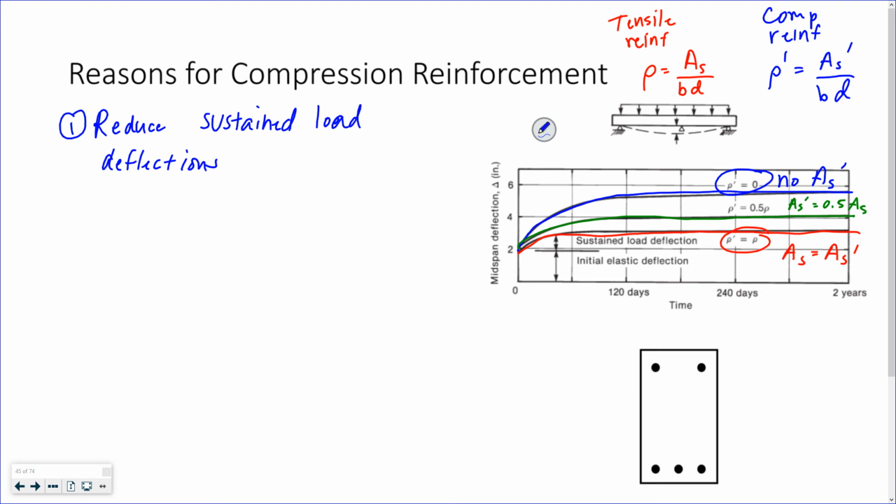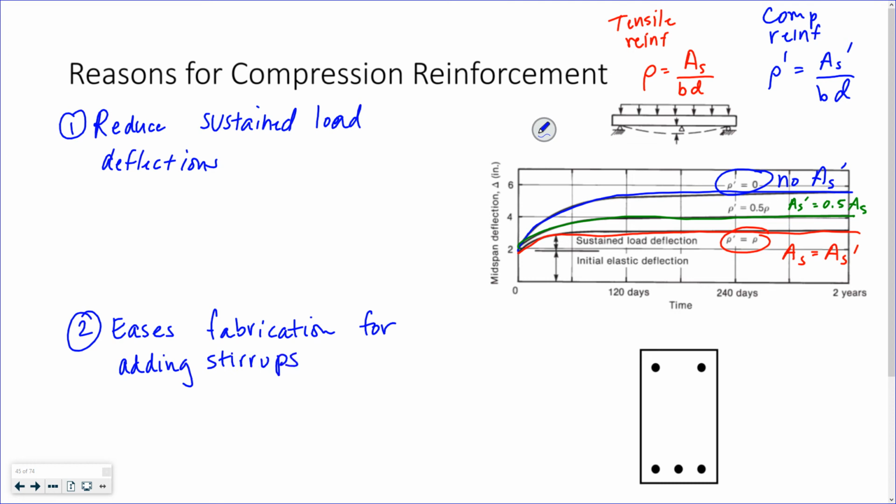So that's an actual benefit, right? Another, less obvious benefit in terms of the engineering versus fabrication is that putting something up there in the corner eases fabrication for adding stirrups, right?